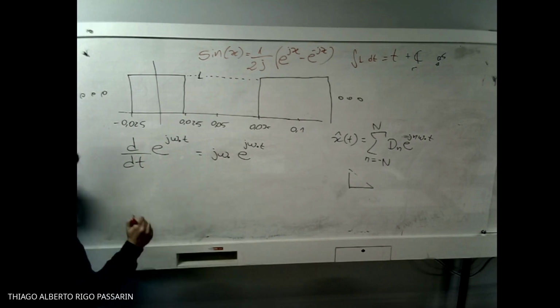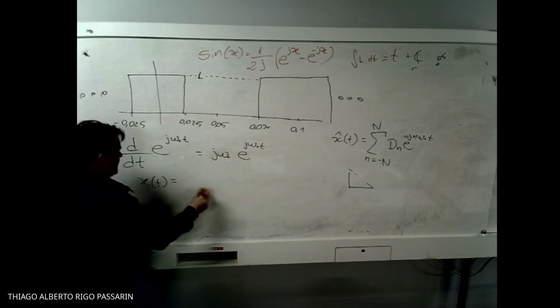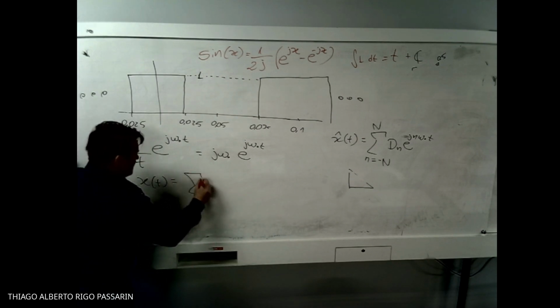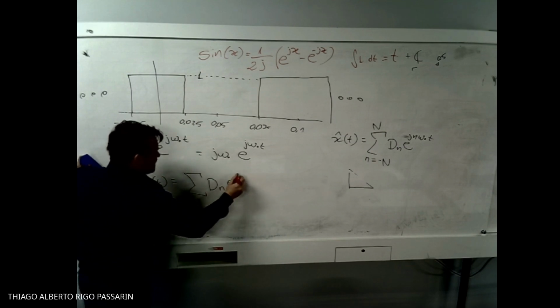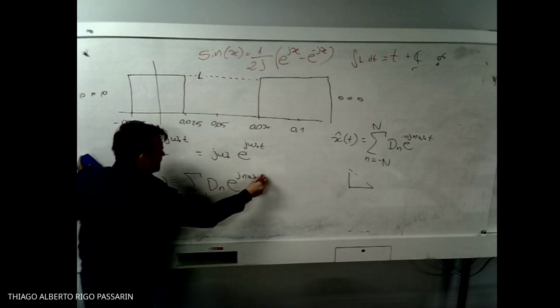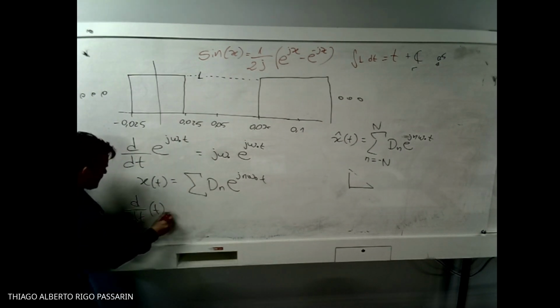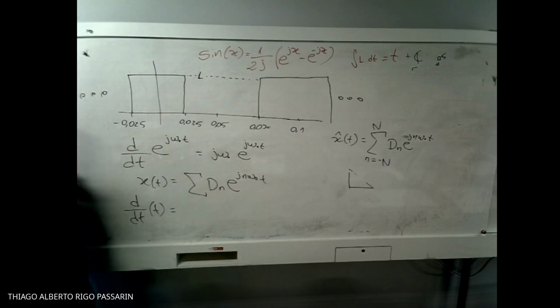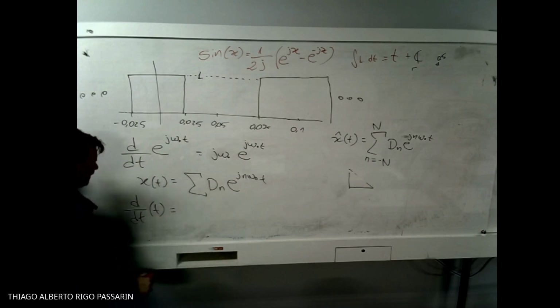Then, if x of t is this, what is the derivative of x of t? You just apply the derivative in all of them.